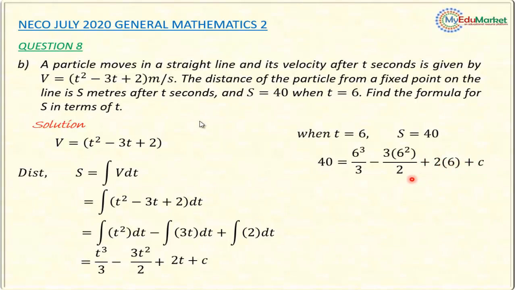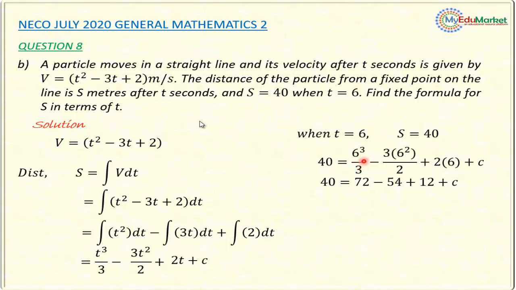So I have replaced t by 6 in this expression. I continue, simplifying further: 40 equals 72, which is the result of 6 raised to 3 divided by 3. That is 6 times 6 times 6, three places, divided by 3.